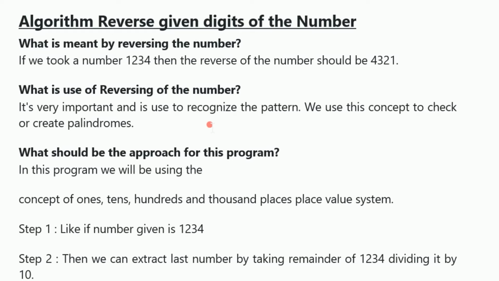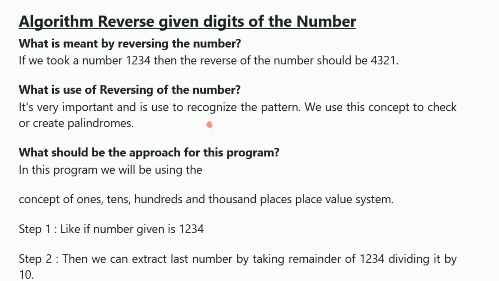For example, if 4 digits are given, we can make different numbers by using these 4 digits. That is possible by this process. We can also reverse a number and find out whether it is a palindrome or not.